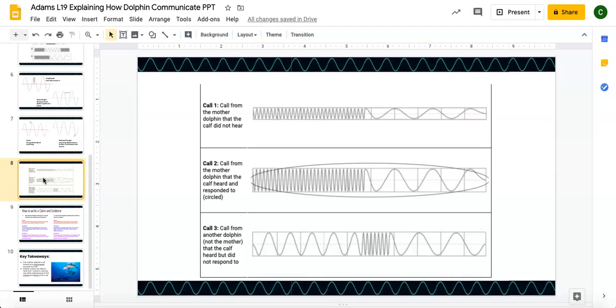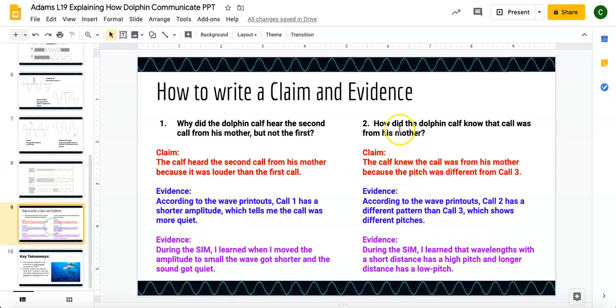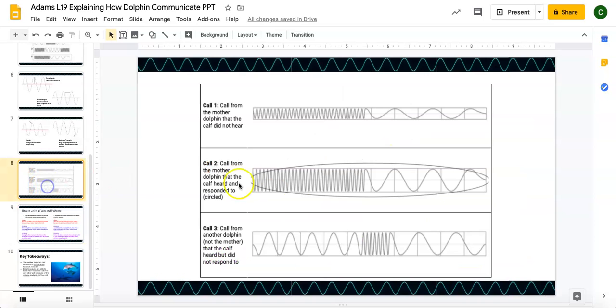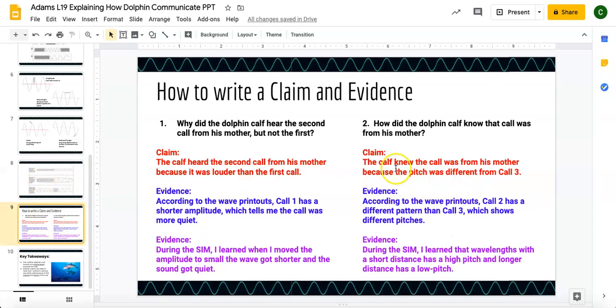What is the teacher asking me? What is being asked of me so that I can actually answer this question properly? What they're asking in number 2 is, how did the dolphin know that this was his mother and not call number 3? If you watched the video before this one, we went over the difference between these two calls.